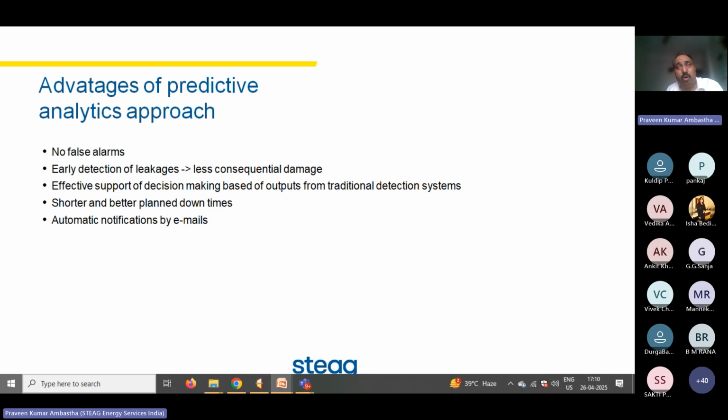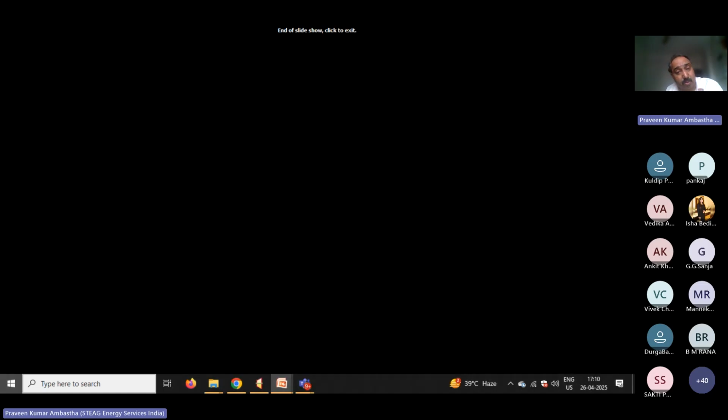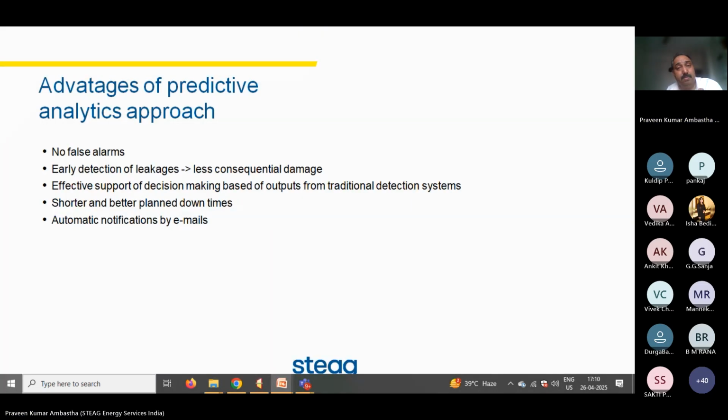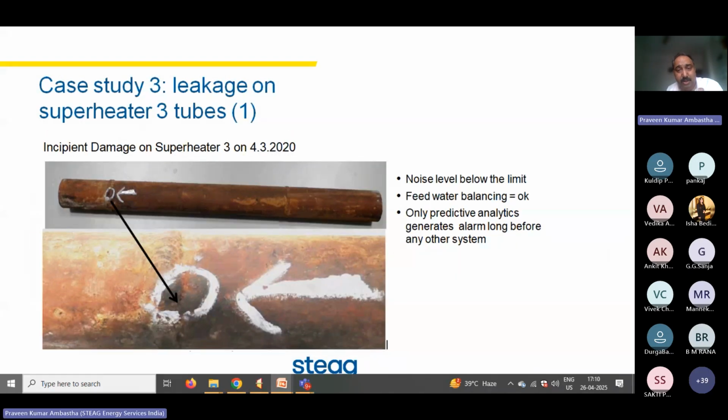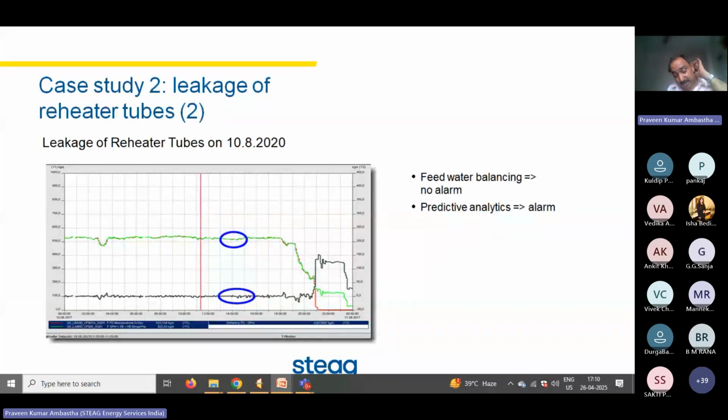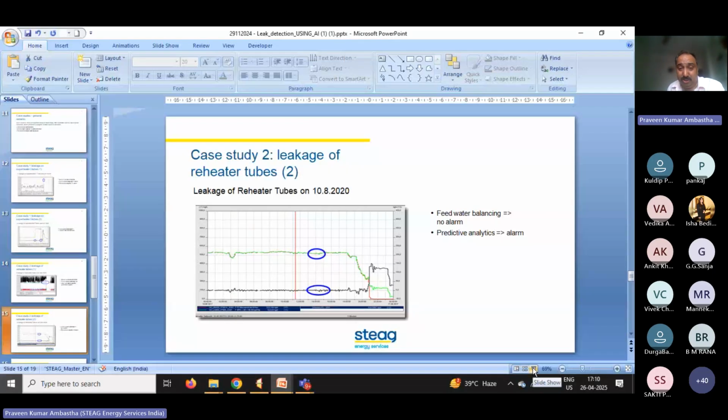You will get the notification on your email or mobile phone that this is the area where the limit has crossed, where the AI ML model is showing that there is some fault, there is a chance of tube leakages. I hope this shows how this technology works to detect boiler tube leakages.